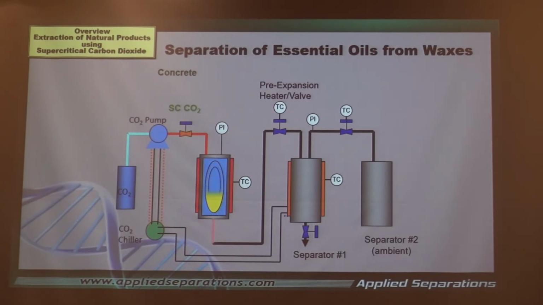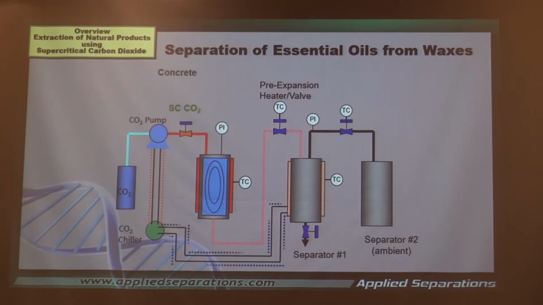I go ahead and flow the CO2, pass it into that first separator, and now I have a chiller over here. I put refrigerant through this, and I wrap it around here, and I'm chilling this vessel to bring it down to 0 degrees C. And at this point, the supercritical CO2 becomes liquid CO2.